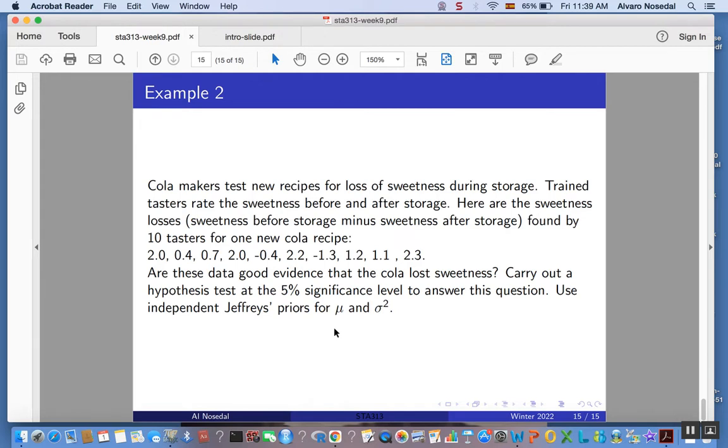Now let's try to analyze this data. First, we're going to do things by hand, and then we're going to compare with the results that you get using an R package. So here we go.